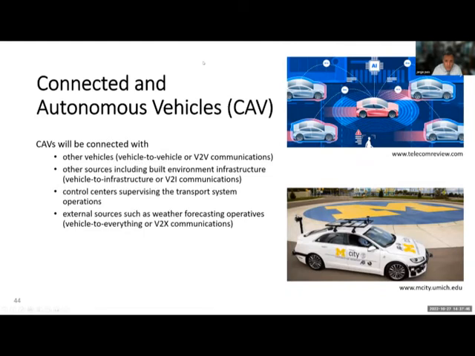But probably one of the factors that will affect the pavements that we know at this moment will be connected and autonomous vehicles, called CAV. These are vehicles that connect to other vehicles, to the infrastructure, and to everything. That will probably define a different way of seeing the roads and the pavements, and how we design road pavements.